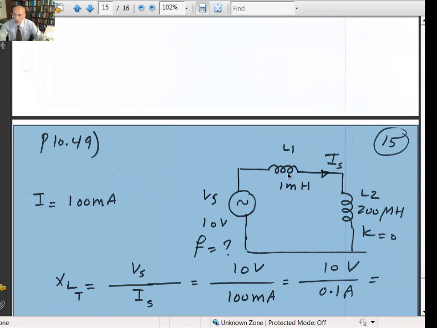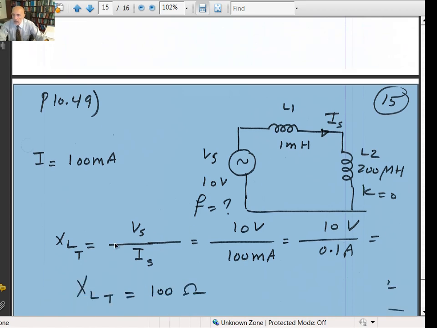But we want to determine how to adjust this frequency such that you generate a current of 100 milliamps. The total reactance is always equal to VS divided by the current IS. VS is given to be 10 volts, and IS is 100 milliamps.